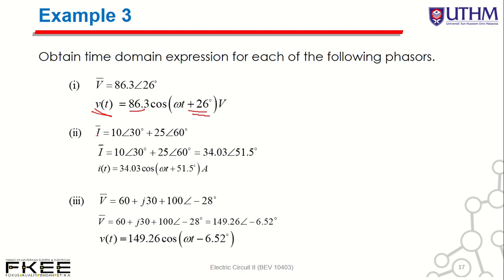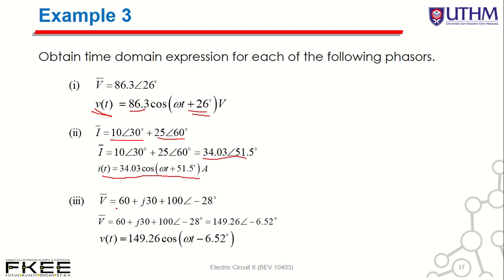Okay, next, let's say you have an I. This is a summation of two phasor forms. Cuba tekan calculator dan tolong check jawapan ni betul tak. You get I, then you can convert to time domain. This is a magnitude, this is the phase angle.